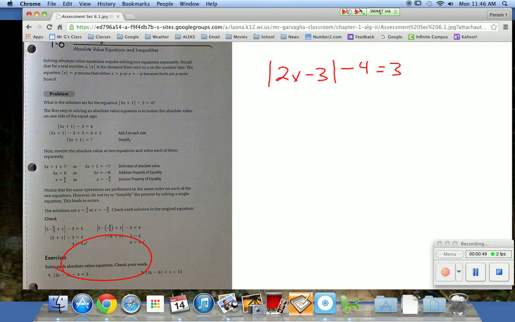So anything that we've got on the outside of the absolute value has to be separated from it, okay? So what I'm going to do here is bring this 4 to the other side of the equal sign. And I'm going to set this up as 2x minus 3. And since it's minus 4 here, it comes to the other side. It's plus 4.